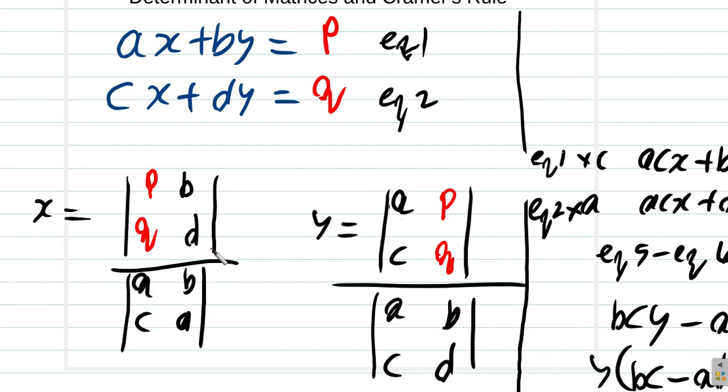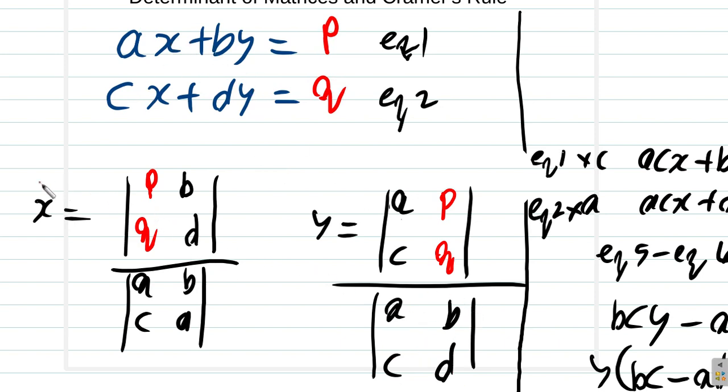The determinant a, b, c, d. For y, it is column 2 that you replace with the numbers here. And you write the coefficients of x, a, c, over a, b, c, d.